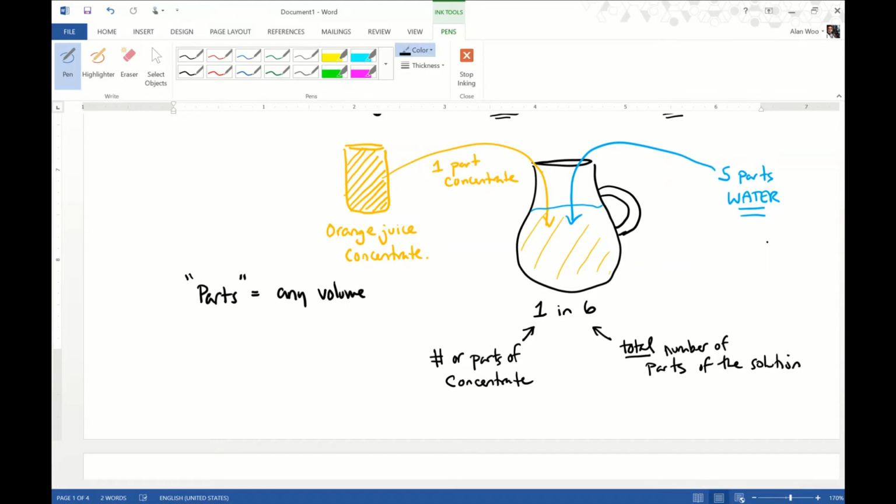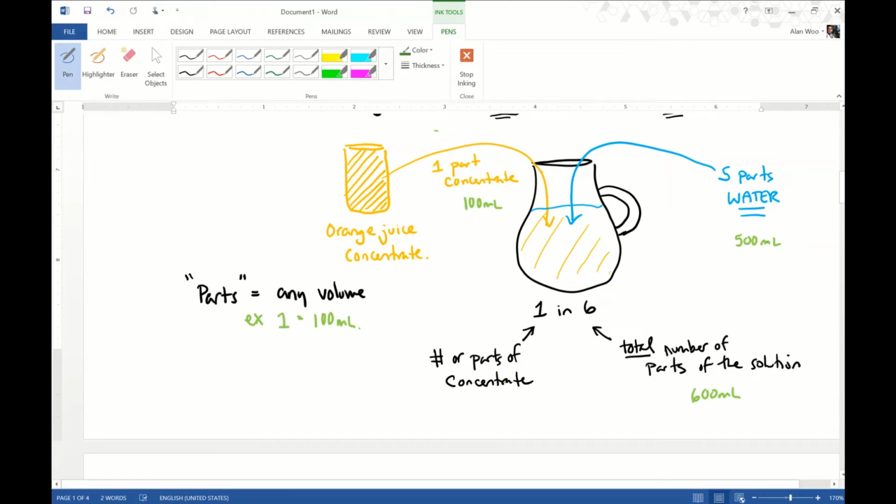So let's say 1 part equals 100 mils. That would mean I have 100 mils of concentrate and 500 mils water to make a total of 600 ml solution.